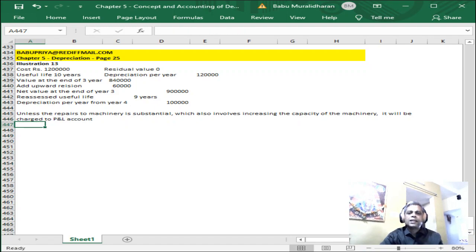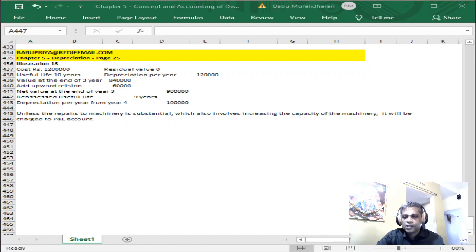Unless the capacity increases, it will be charged to P&L account, whatever it is, if it is normal repairs on machinery. So if it is substantial and has the potential to change the life of the asset, and it is changing the residual value of the asset, etc., then it has to be capitalized, else it will be charged to the profit and loss account.